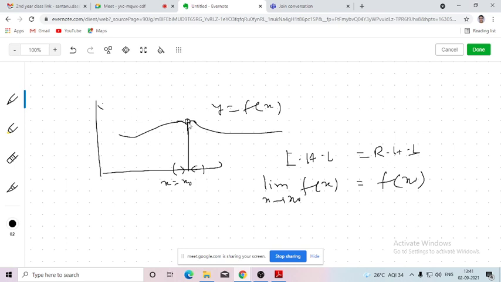If the functional values are the same, then they will be joined, the gap will be filled up, and the function is said to be continuous. That means there will be no break in the graph. Otherwise, we say that the function is discontinuous at the given point. Similarly, for a function of a complex variable, if the limiting value at the point z0 exists for the function f(z) and equals f(z0), then we say that the function is continuous at the point z equals z0.